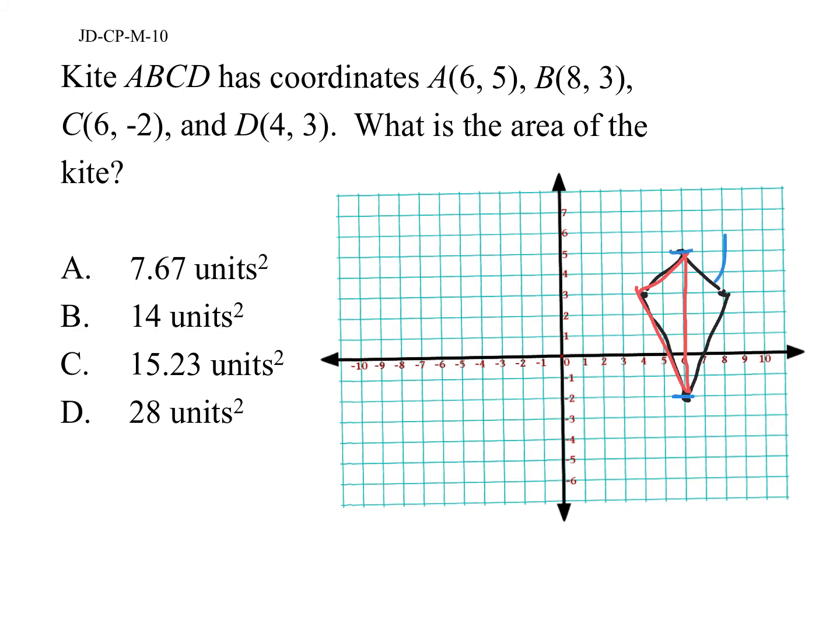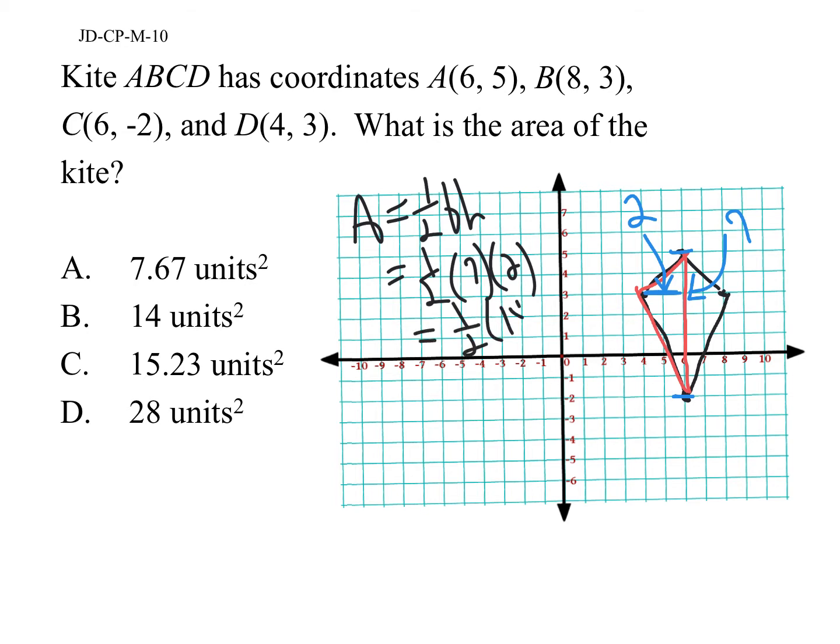So -2 to 5, that would be 7 units. And this would have a height of 2. So area of a triangle is half base times height. So half times 7 times 2. 7 times 2 is 14, so half of 14 is 7.